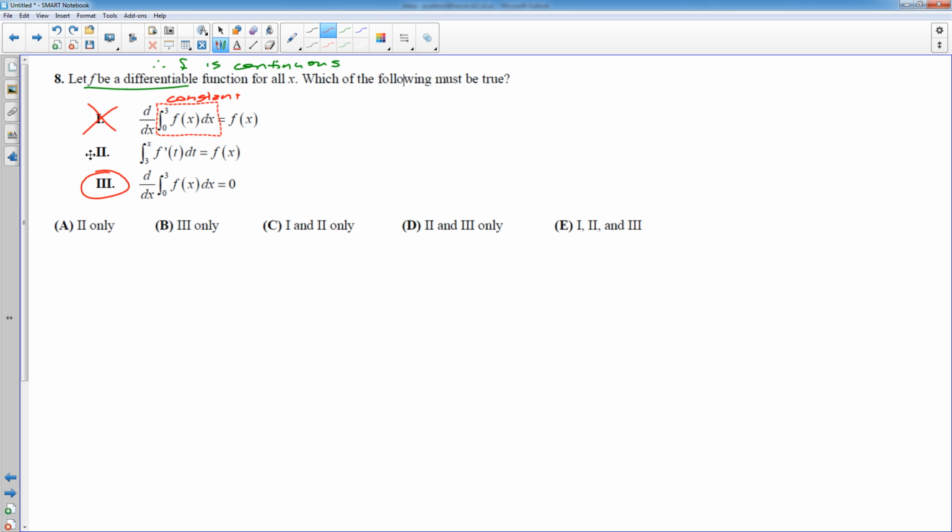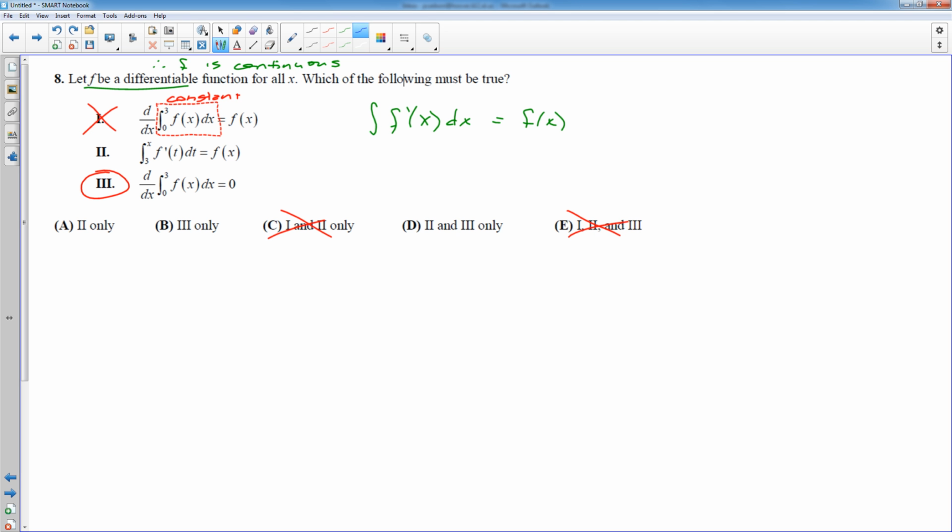So if 1 is not true, we can eliminate c and e. And now we have to figure out if 2 is true. The way I would do 2 is, if you find the antiderivative of f prime of x, that would simply be the original function f of x, right?